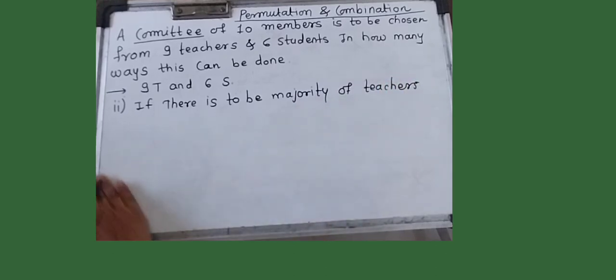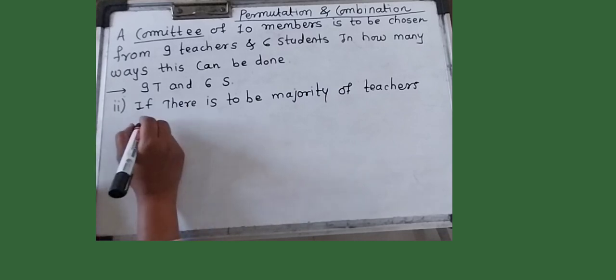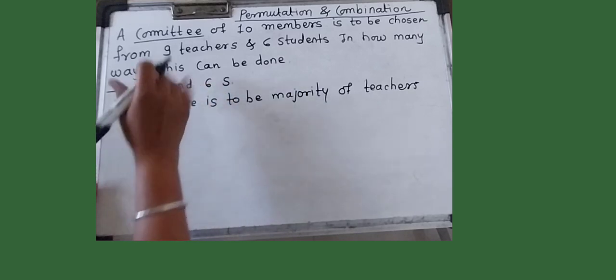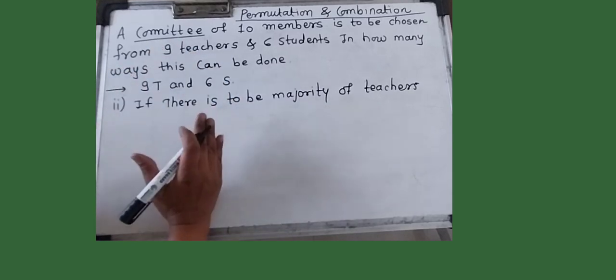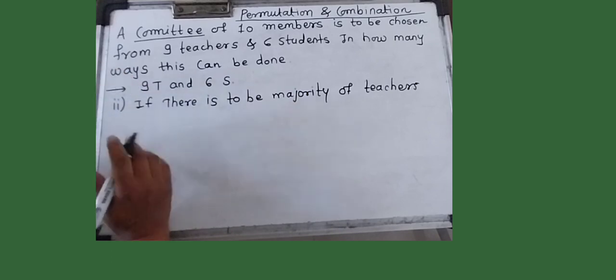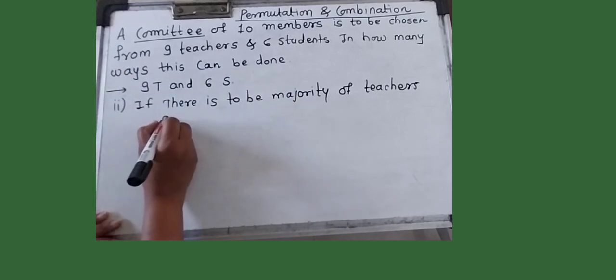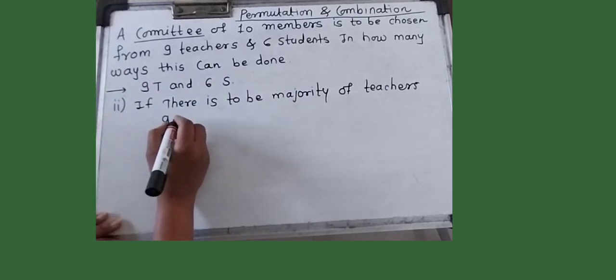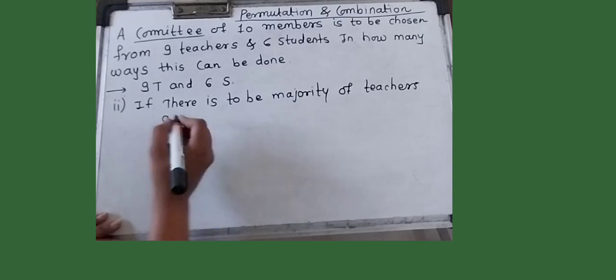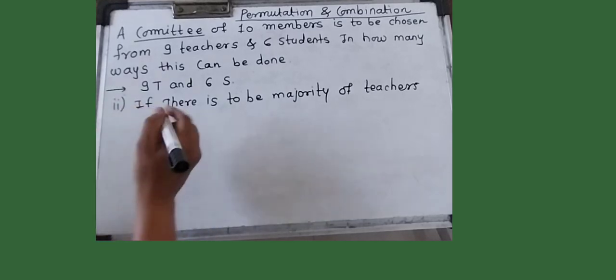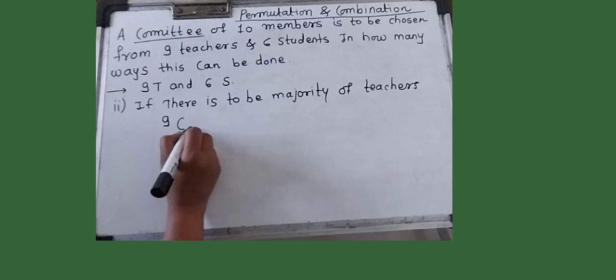Majority of teachers means, if I take all teachers, availability of teachers is 9, so 9C9.